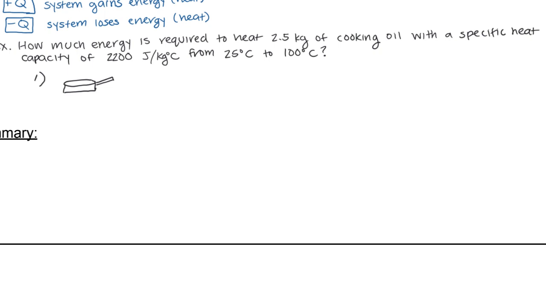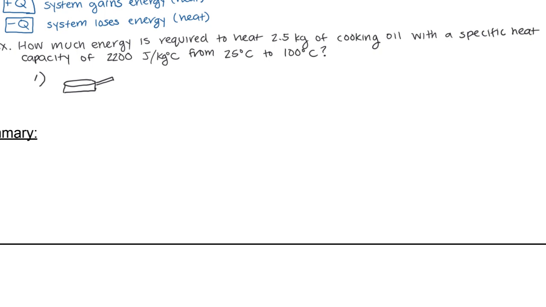We've got 2.5 kilograms of cooking oil. That's actually quite a bit of cooking oil. One thing I want to point out is that we've got a couple numbers here, and we'll put them in our drawing.